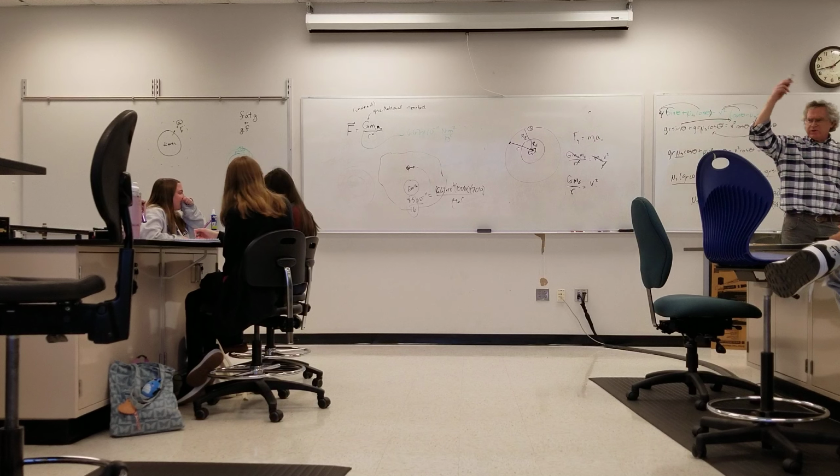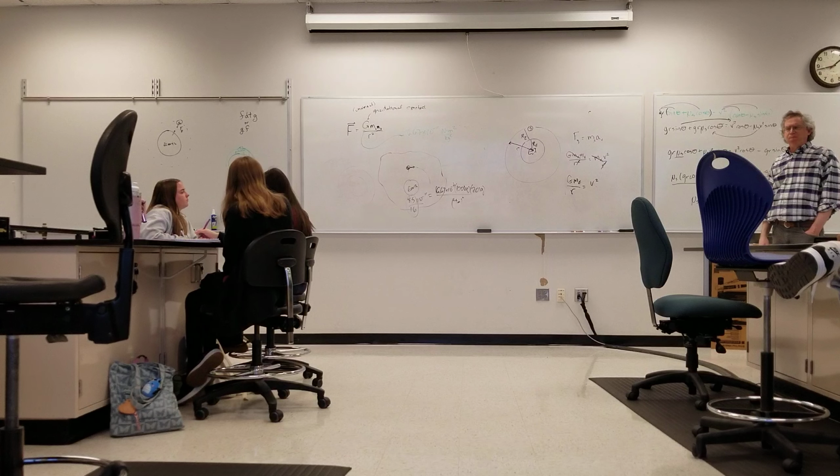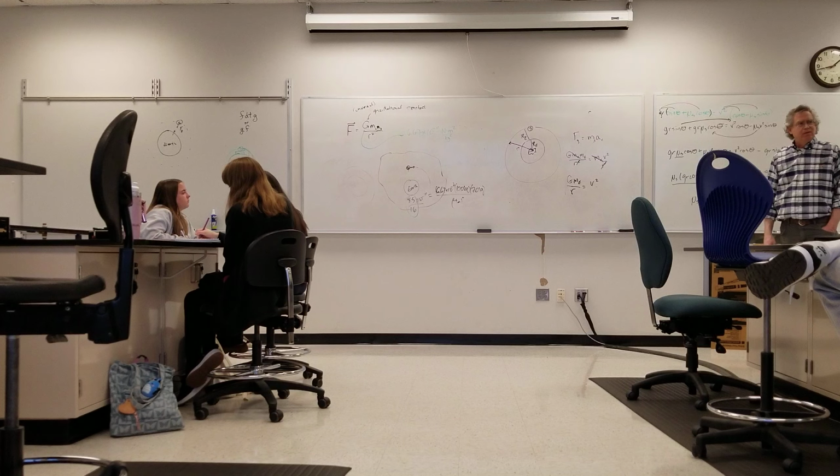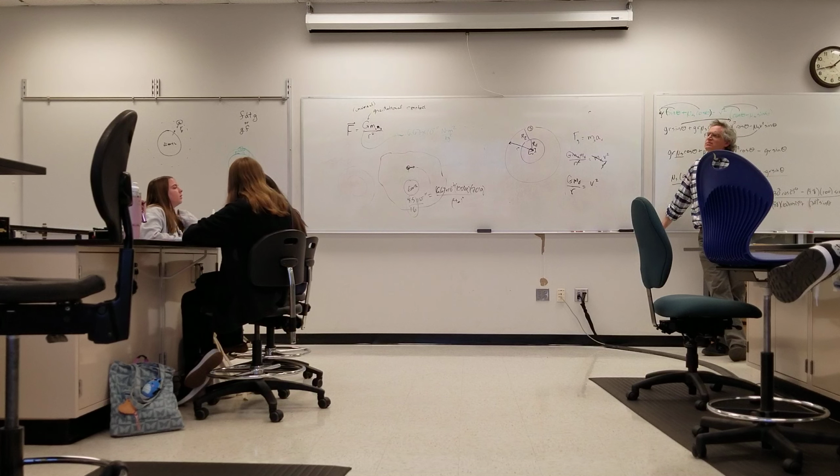Well, I have something traveling in a circle. So what's V? What's the formula for speed of something traveling in a circle? This is one of the first things I wrote today. So distance over time.